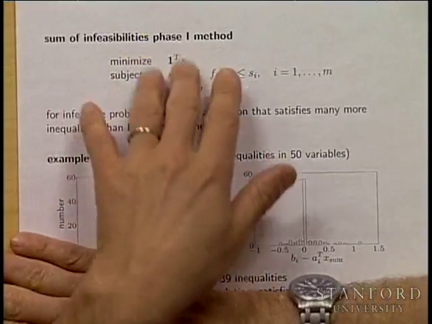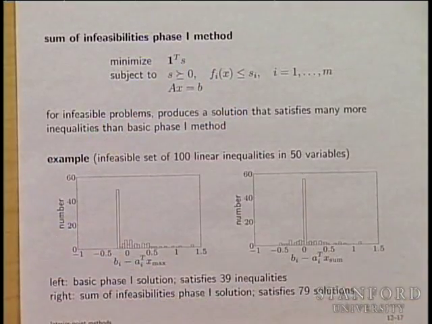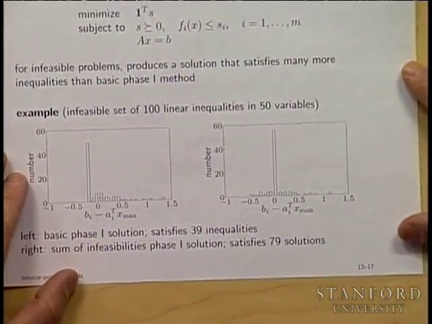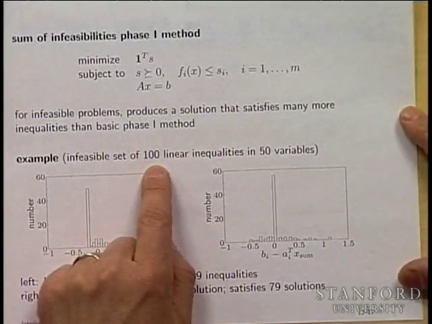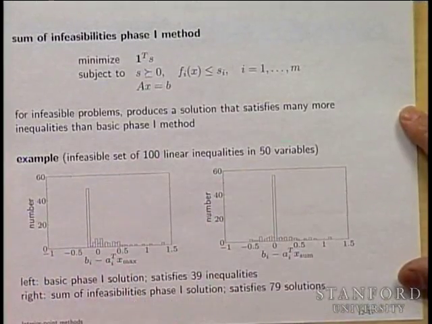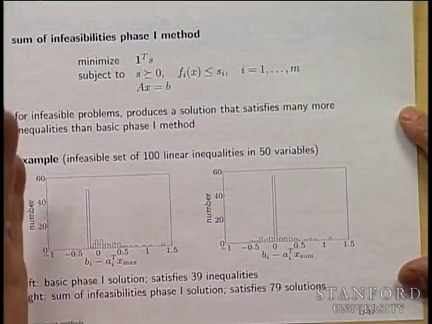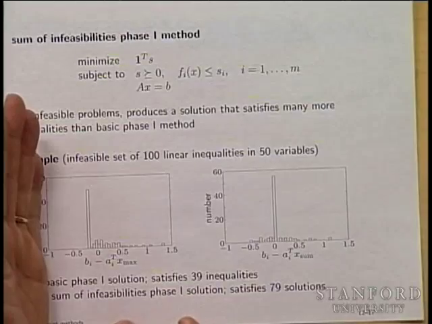Okay? When you solve this problem, here is what happens. This is an example with 100 infeasible linear inequalities and 50 variables. This is plotted backwards, I guess, but these are supposed to be positive.